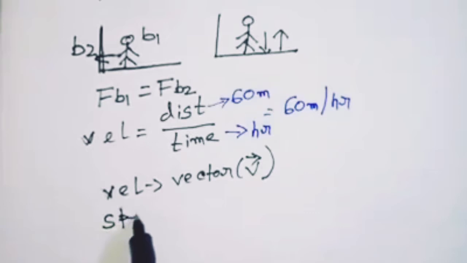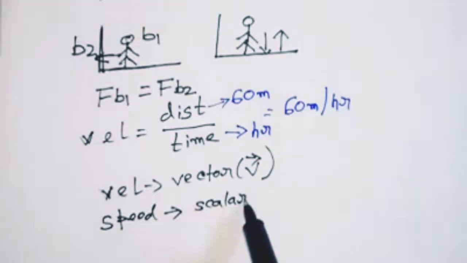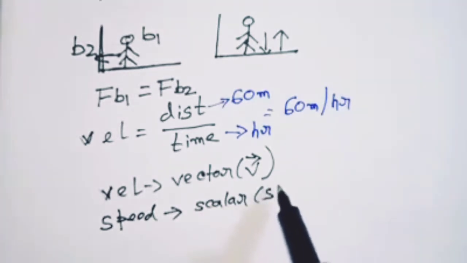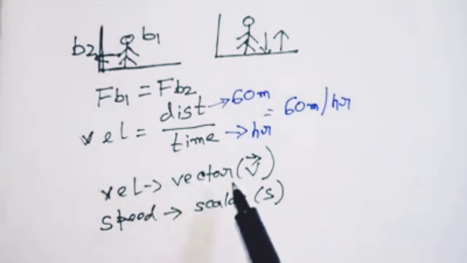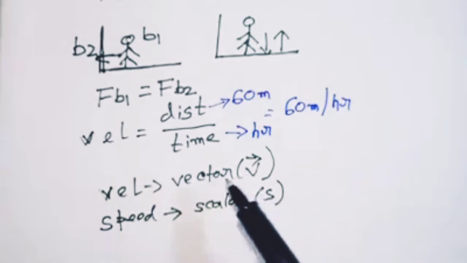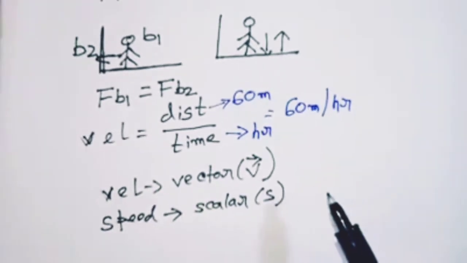The most unique way to understand what a scalar is that you don't get any sign over it. So velocity has a vector, which means it has both magnitude and direction. Speed is a scalar quantity, which means it has just magnitude and no direction.